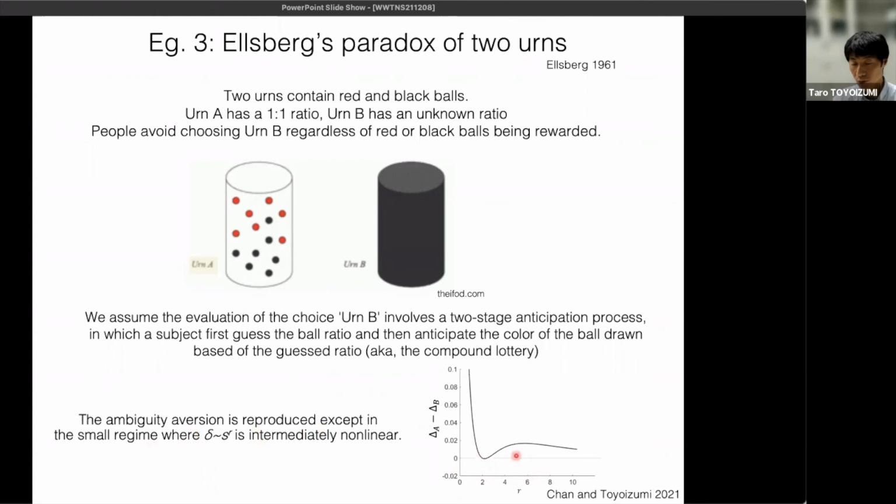So for a diverse parameter range of the power index, the urn A is more attractive than the urn B, consistent with this experiment.